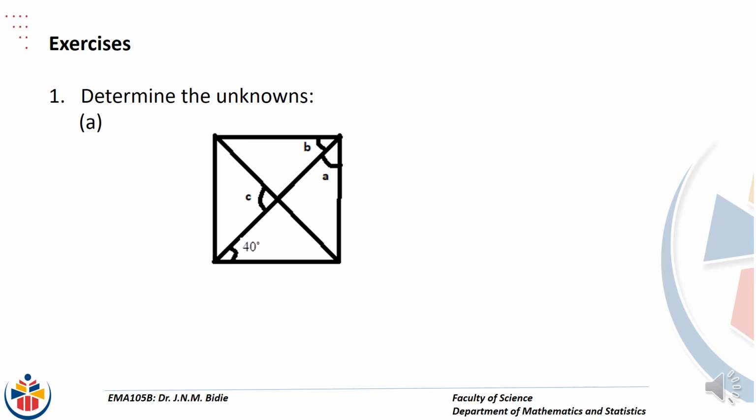First one, supposed to determine the unknowns. That's the main objective, bearing in mind the properties of the rhombus and the rectangle, as well as the properties of parallelograms. Why here? This is a square, of course, the rhombus. That means we've got parallel sides, all sides equal.